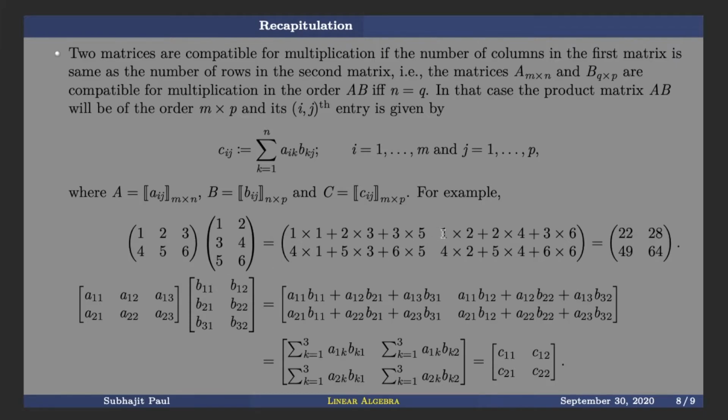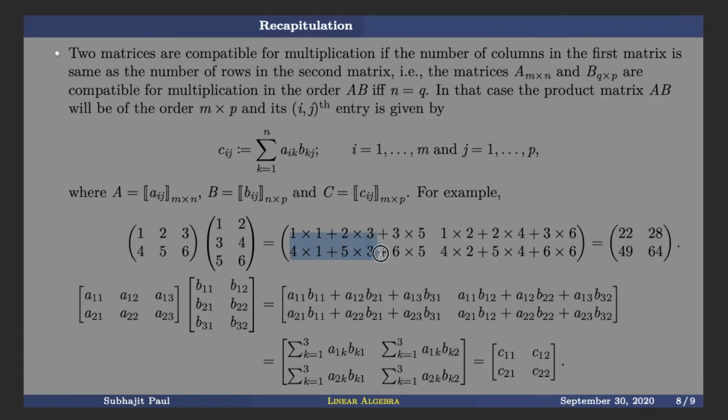Next, this entry is the 1,2 entry in the product matrix. The 1,2 entry is given by the first row and the second column; 1 is the row index, 2 is the column index. The row is taken from the left matrix, and the column from the second matrix. So this will be 1 times 2 plus 2 times 4 plus 3 times 6.